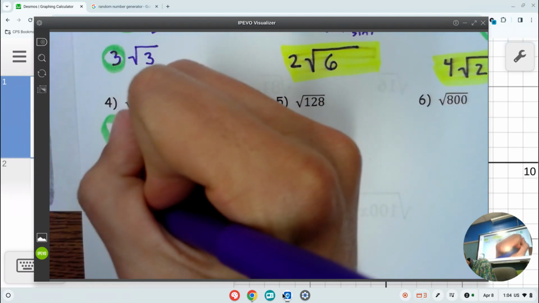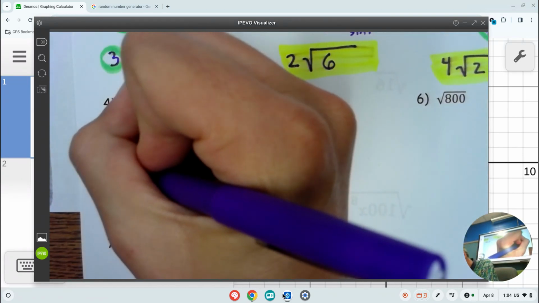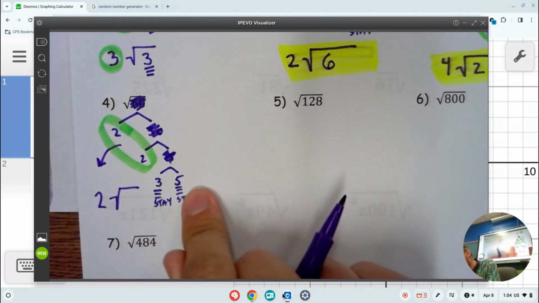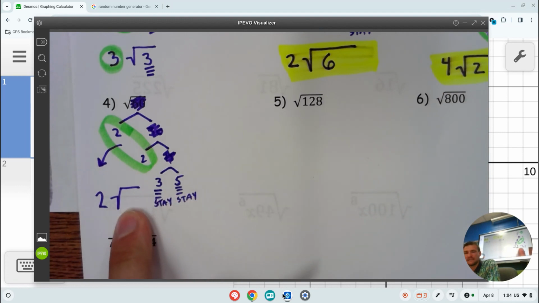I'm going to draw my square root. The 2 is going to break out, but only one of them makes it. So make sure you only put one outside. On the inside, 3 and 5 stay. What number should be on the inside? What is it? It's a 3 and a 5.